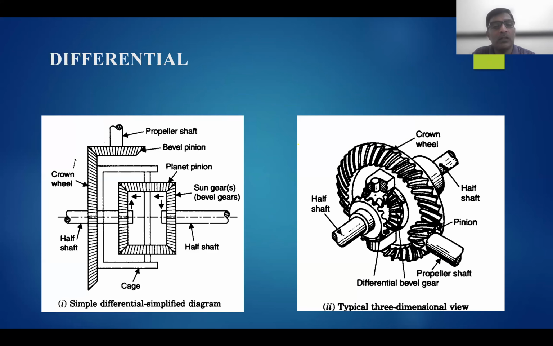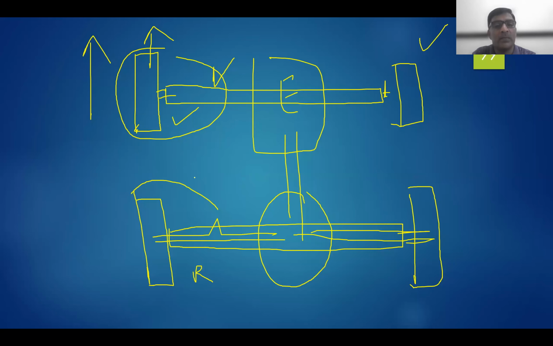In continuation with the same, now we have to see what is the difference here. Now suppose the vehicle is going to take a turn in this direction, that is left turn. Now these wheels are powered ones, mounted on the axles which are connected to the propeller shaft, and this propeller shaft is connected to the engine.